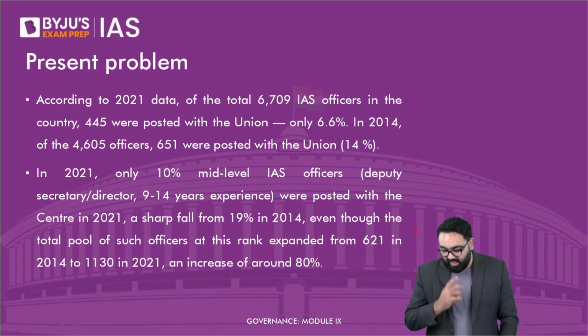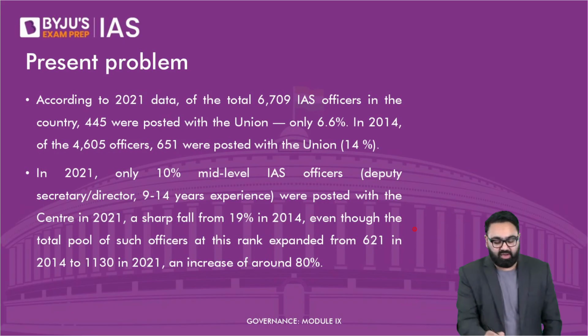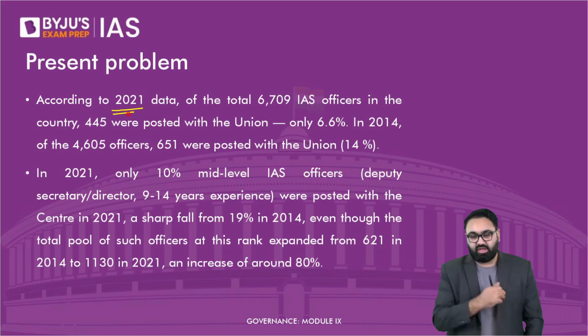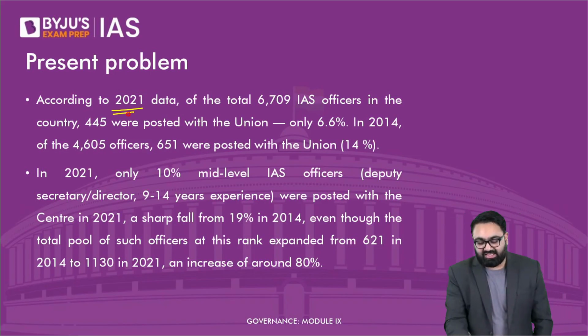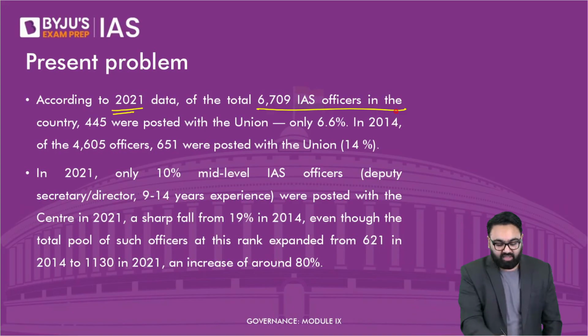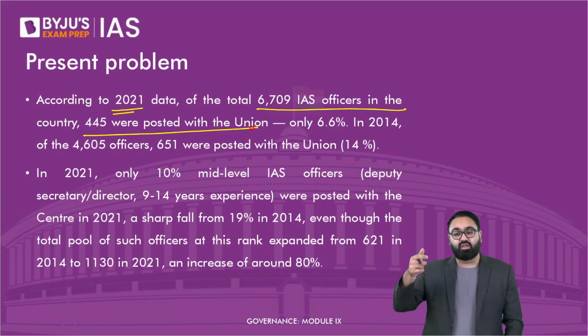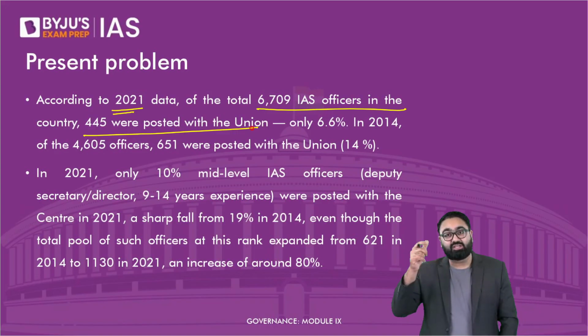I have some data for you, but this is data that the government presented only till 2021. The data was that out of 6,709 IAS officers, only 445 are working with the center government. So again, the number of officers working with the center government is much lower. And see, it has only declined.